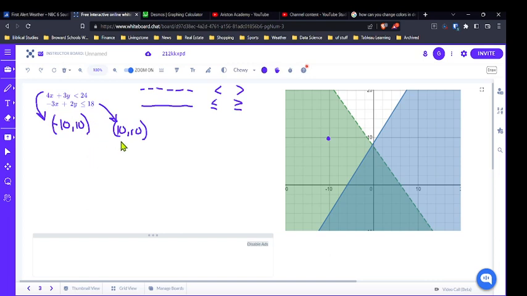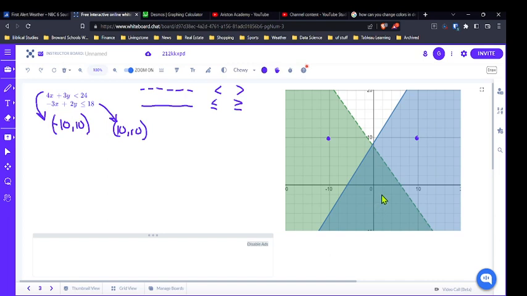All right, well, what about something that's a solution to both inequalities? Let me just go ahead and mark that point right there as well. Now, as you can see, the green region, including this area down here, is the solution to the first inequality. The blue region is a solution to the second inequality, and it includes this area down here.